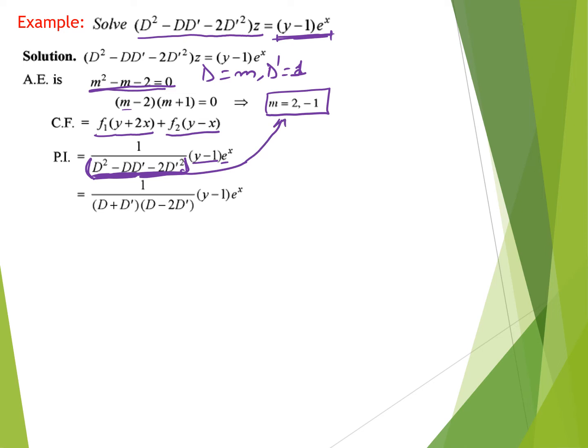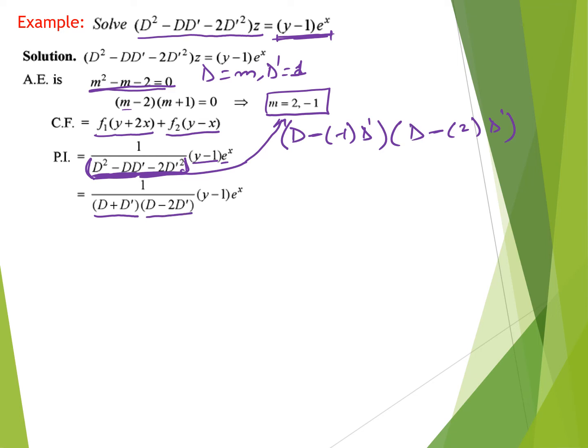So over here we have the first root, so D plus, minus the first root, that is minus 1 D dash, into D minus the second root, 2D dash. After solving it, we get D plus D dash and D minus 2D dash.